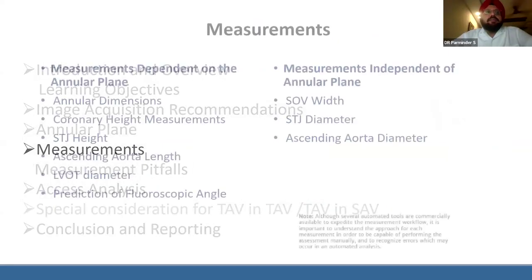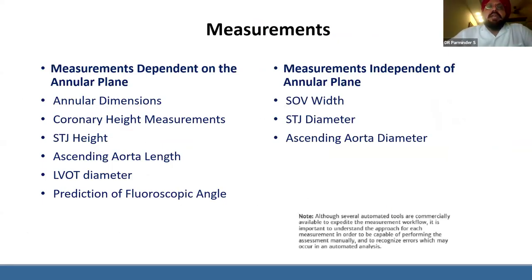So once we have done that, then we measure. As we have already discussed a little bit, some measurements are dependent on the annular plane, and there are certain measurements which are independent of the annular plane, like diameters. SOV diameter, STJ diameter, ascending aorta diameter, they hardly are dependent on the annular plane.